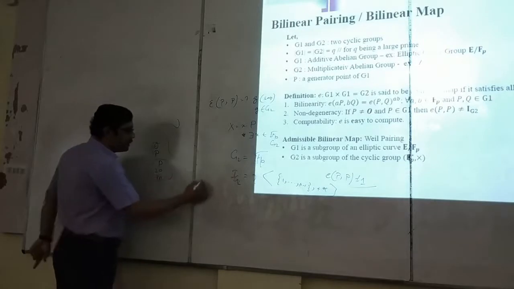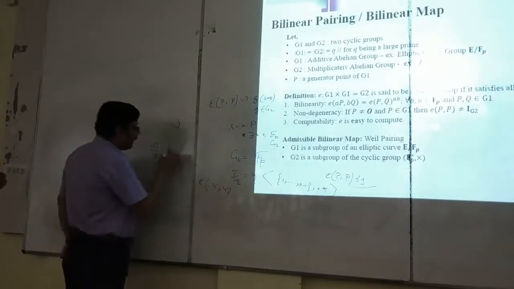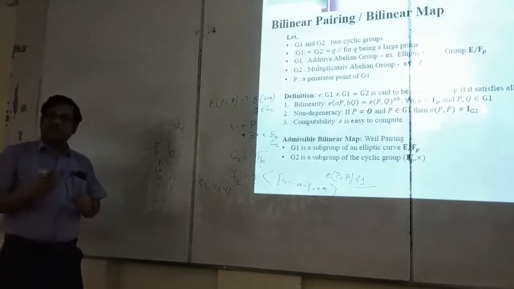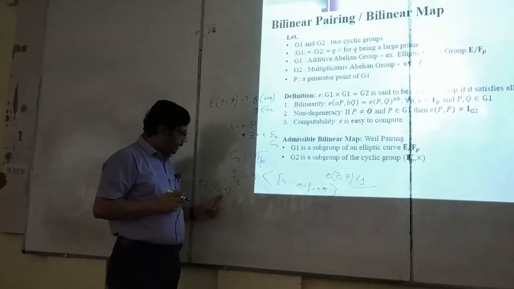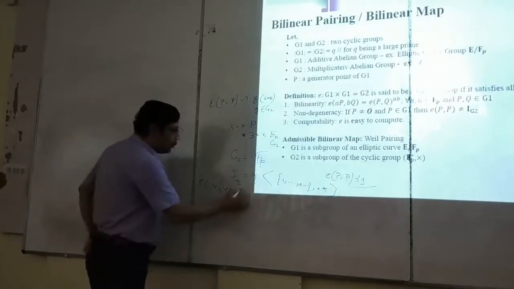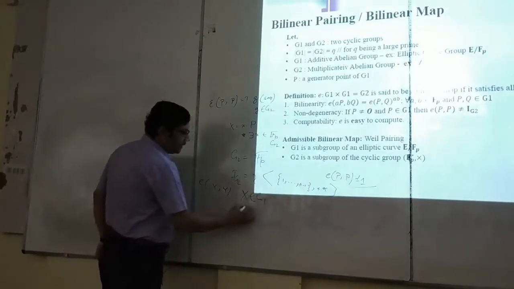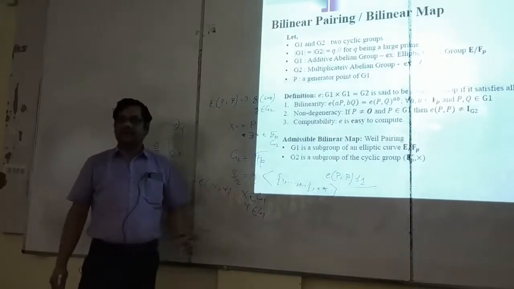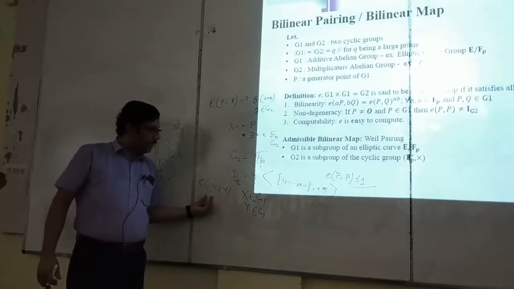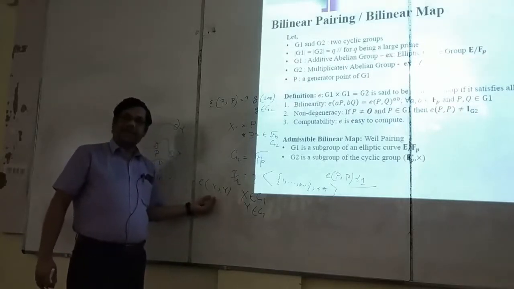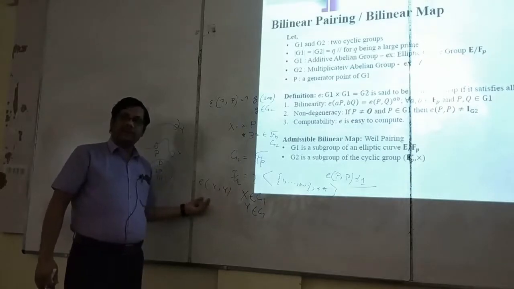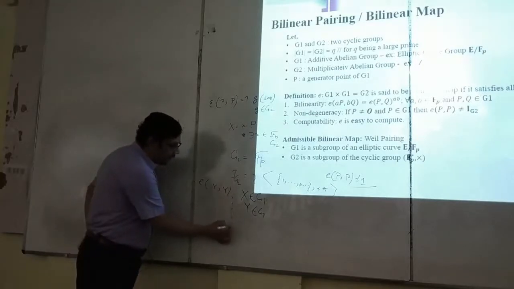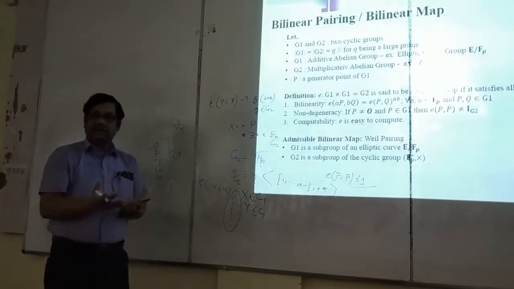Let's say the inputs are x and y, where x is some point on G1 and y is some point on G1, because we said that G1 is a subset of the elliptic curve. You can take any point as x, any point as y from G1. So create all such combinations, and whatever outputs are generated, take them in a bucket.